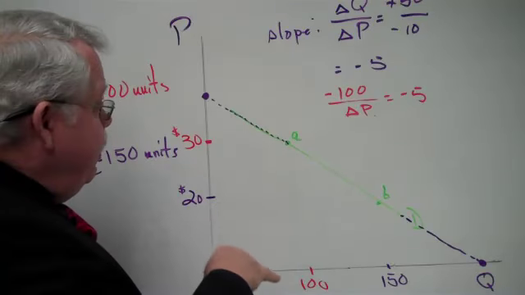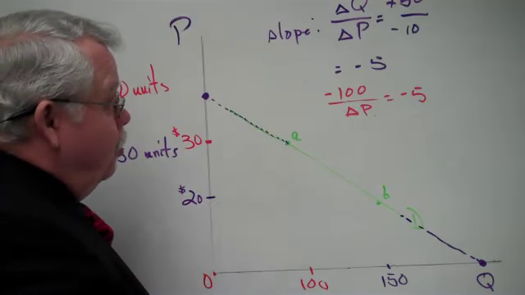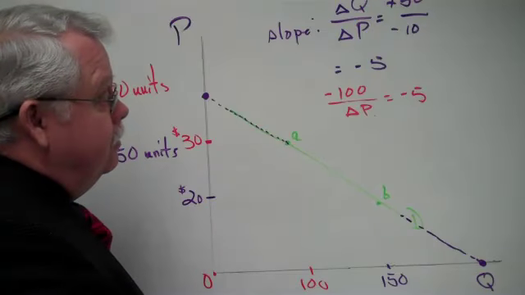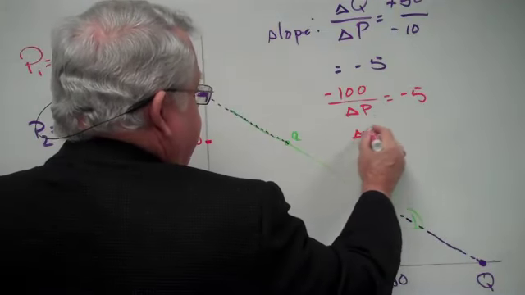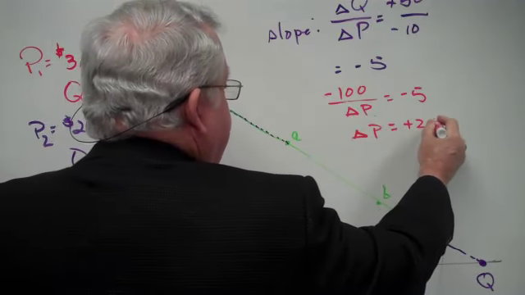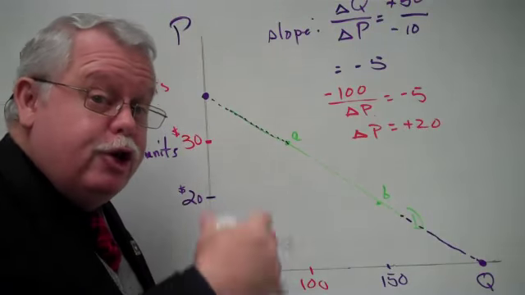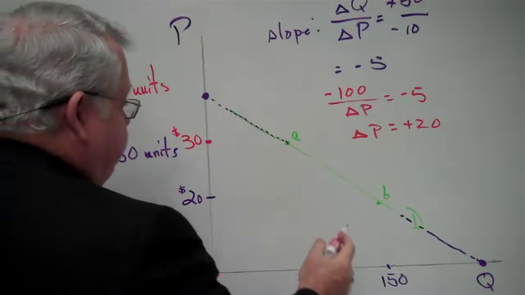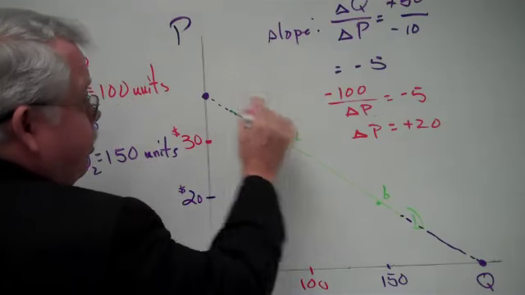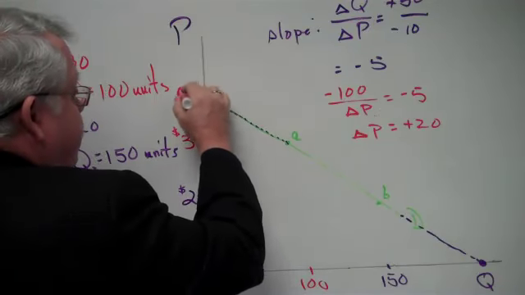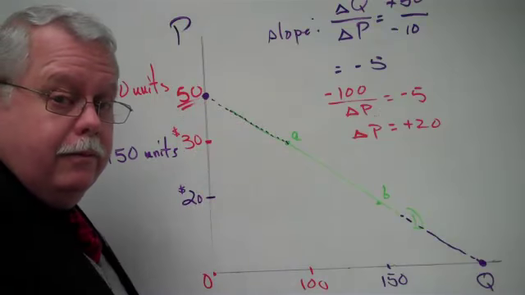So when we calculate that, what do we get? Well, solving, the delta P equals +20. So that's the change in the price. And the price started at 30. So it's going to increase by 20, which means our intercept up here is at 50.